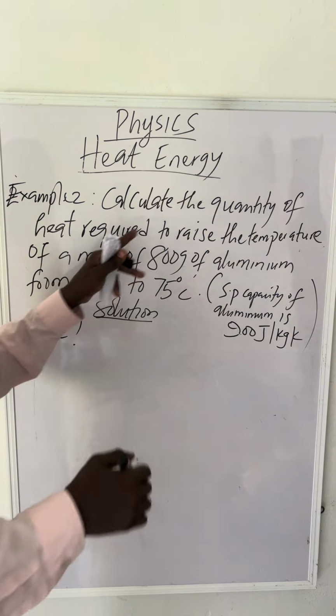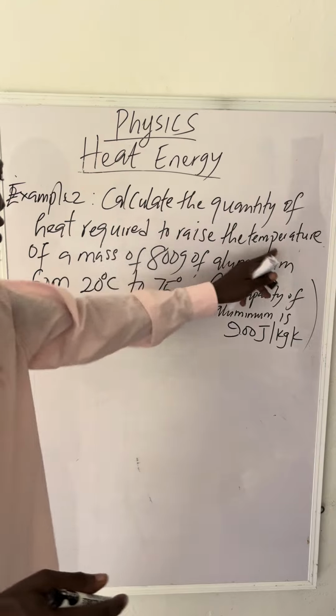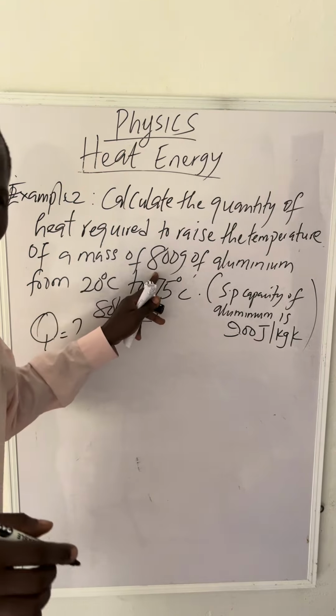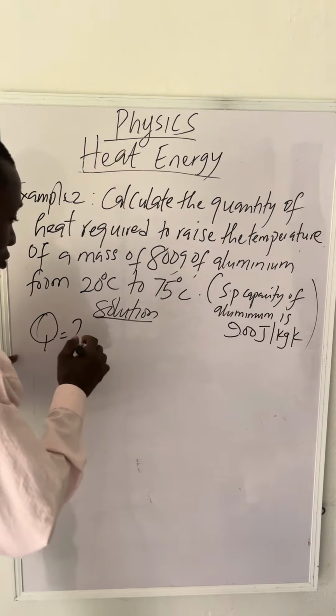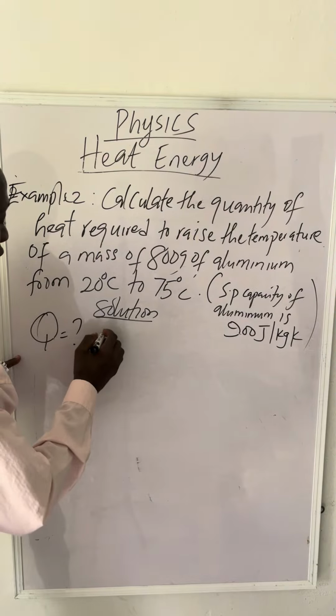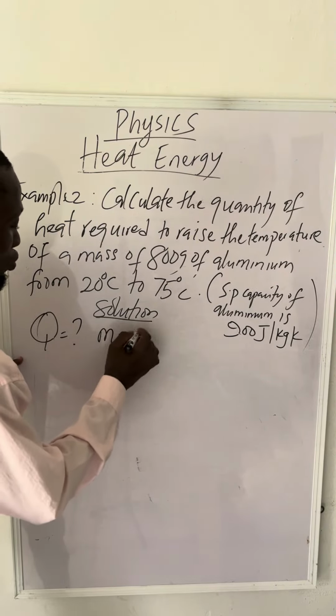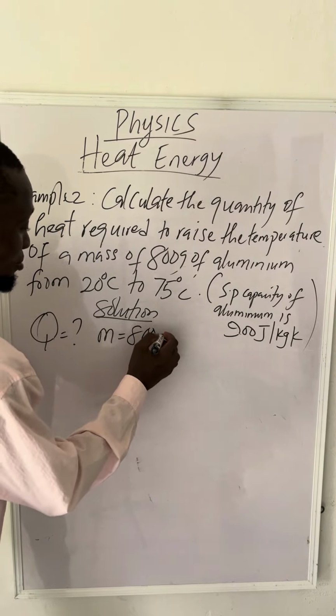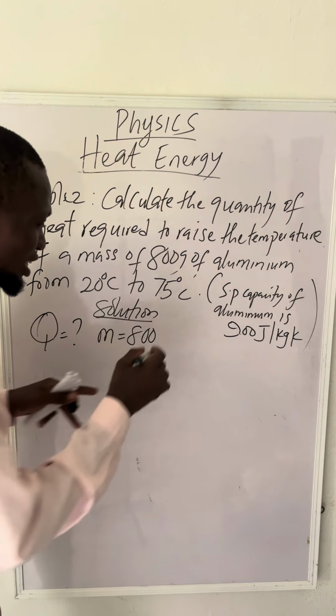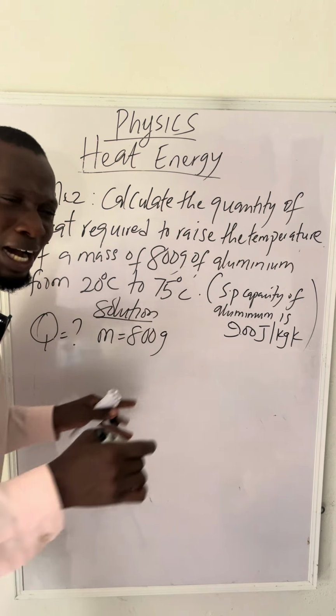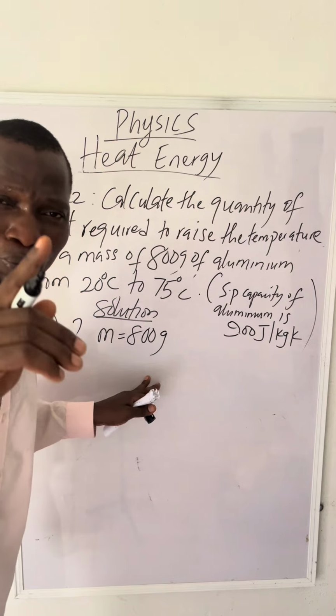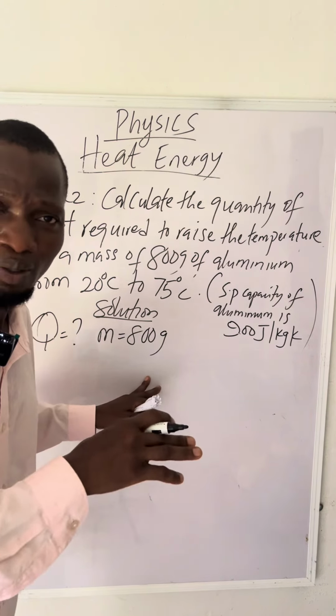Quantity of heat required to raise the temperature of a mass of 800 grams. Wow, this is the mass, 800 grams. So I'm going to say mass is equal to 800 what? Grams. Well, I'm not satisfied with grams, because we should know the proper unit, which is kilogram.